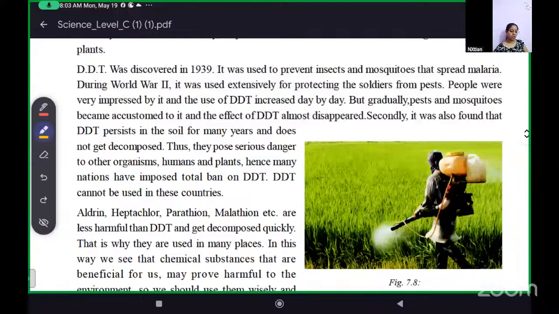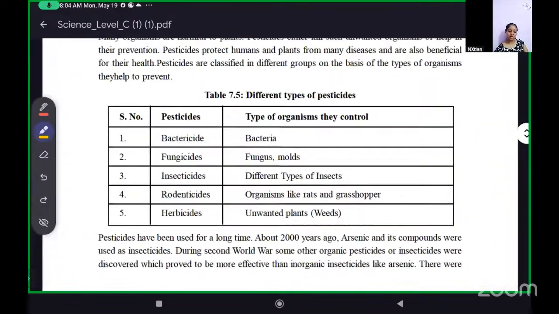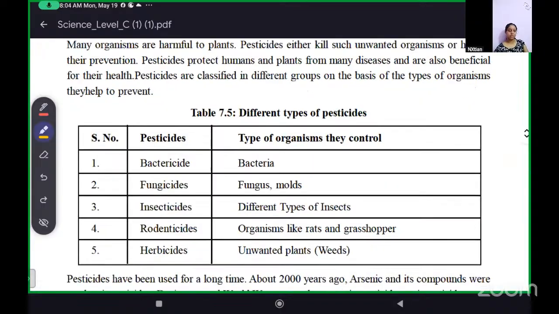Also, pesticides should be able to decompose, otherwise it will harm the environment. It's going to harm the animals and everything. So pesticides should be decomposed. Pesticides should not harm the animals. And some of the pesticides also harm humans, and it's not beneficial to their health.